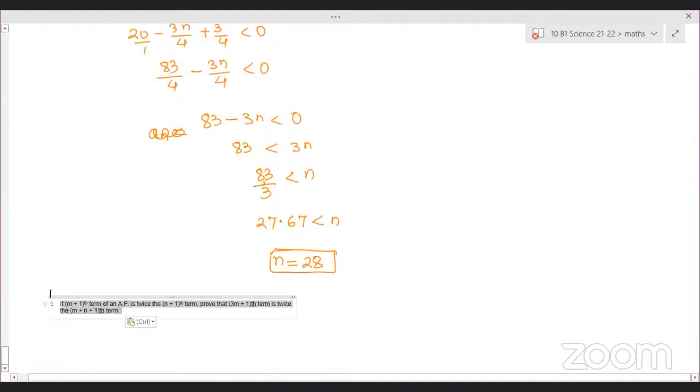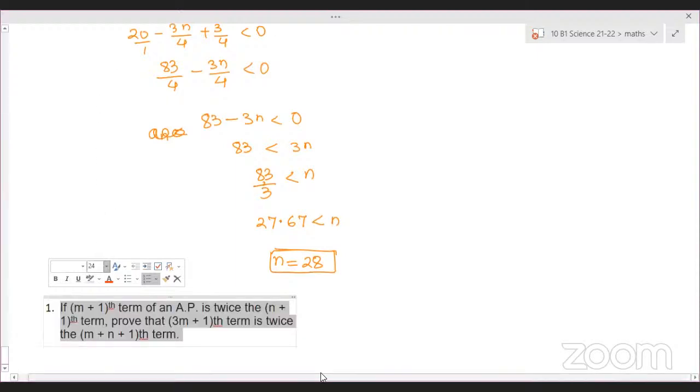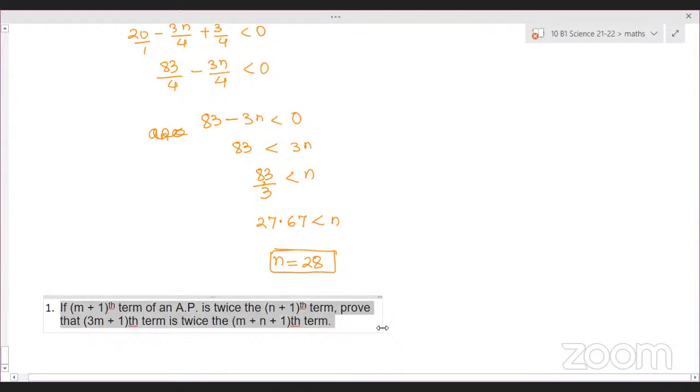Ma'am, but even if we take 3 by 4, n is greater than 23 by 4, then 3 by 4 will be cut. N is greater than 20. Yeah, 3 by 4, n is greater than 20.